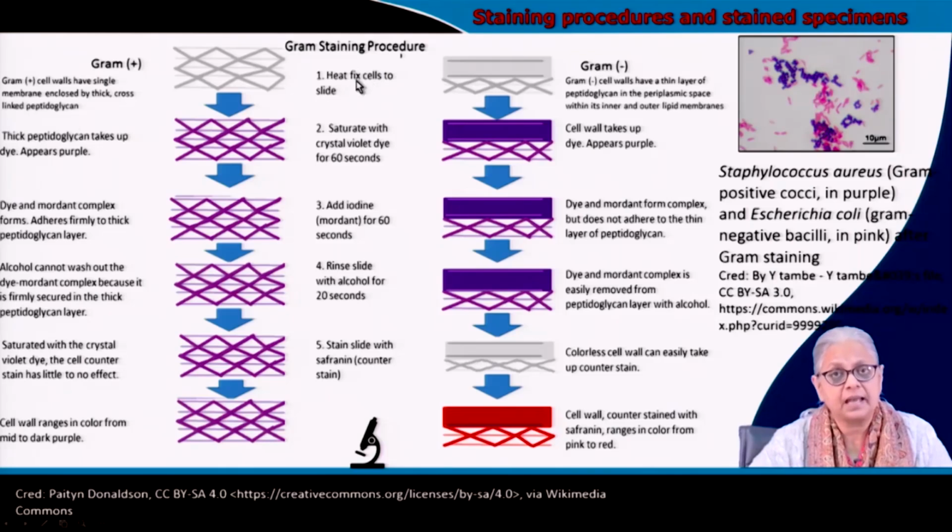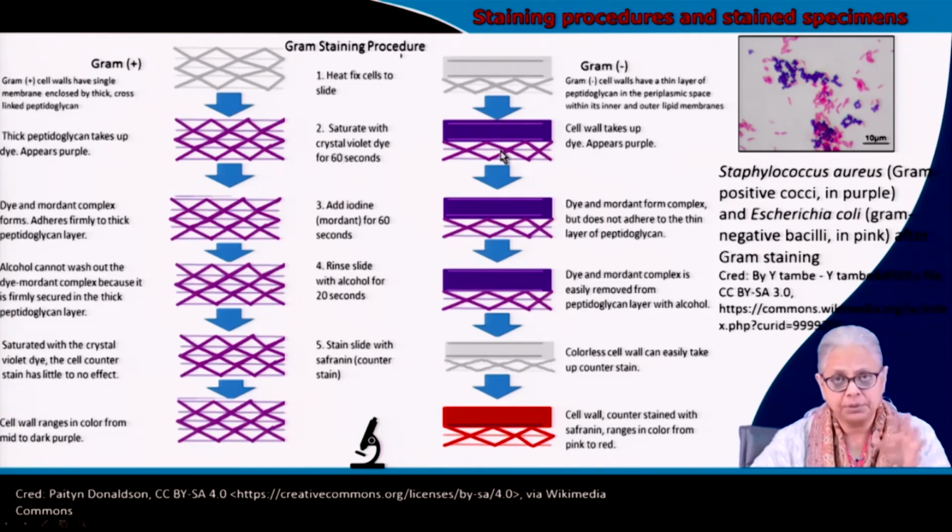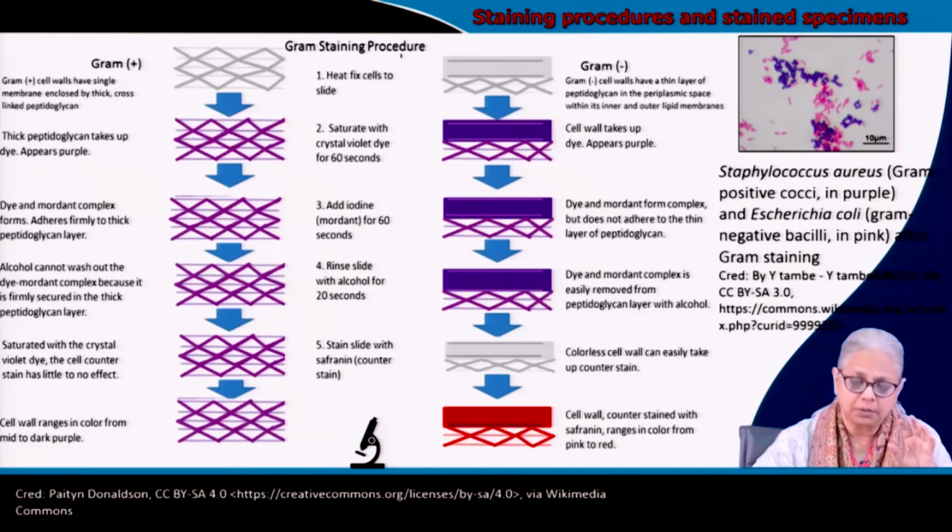You take the cells and heat fix them to the slides. I've already mentioned how heat fixing is done. Then you apply crystal violet dye for about 60 seconds. You will get purple color for all the cells. All of them will look purple.